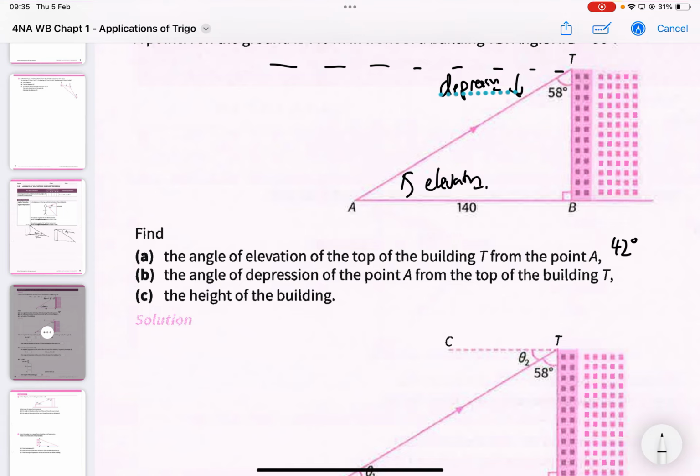Horizontal is parallel to the floor, meaning here and here is a parallel line. So this angle of depression is exactly the same as this angle of elevation. There's a Z over there. So your angle of depression is also 42.